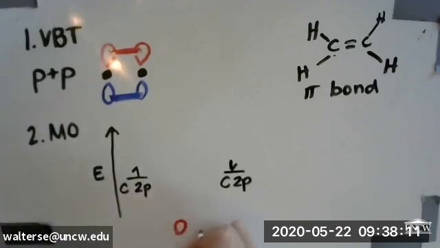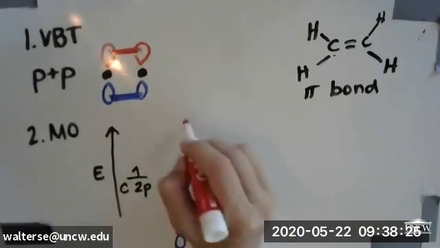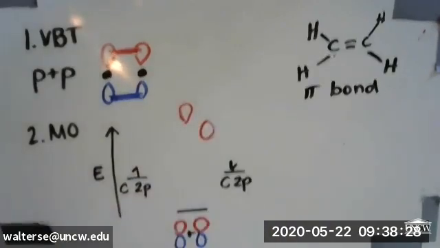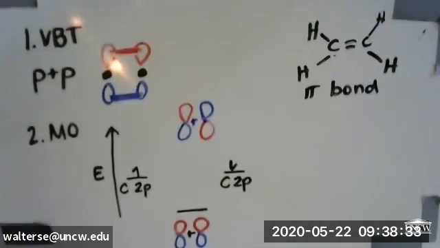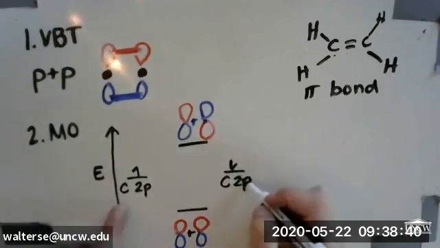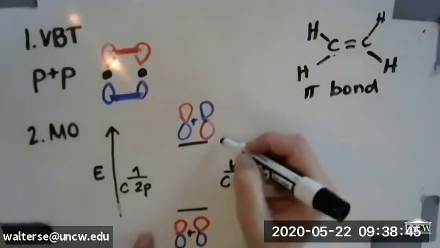We're going to add the orbitals together for the low energy orbital, and then we're going to subtract, or add the opposite, to make the higher energy orbital. We have two atoms, two orbitals, two molecular orbitals.